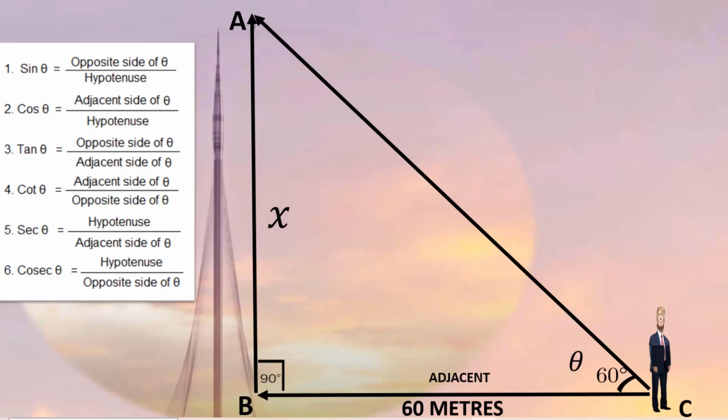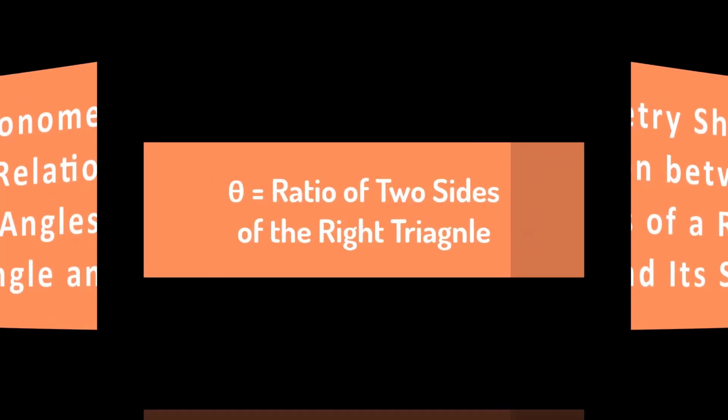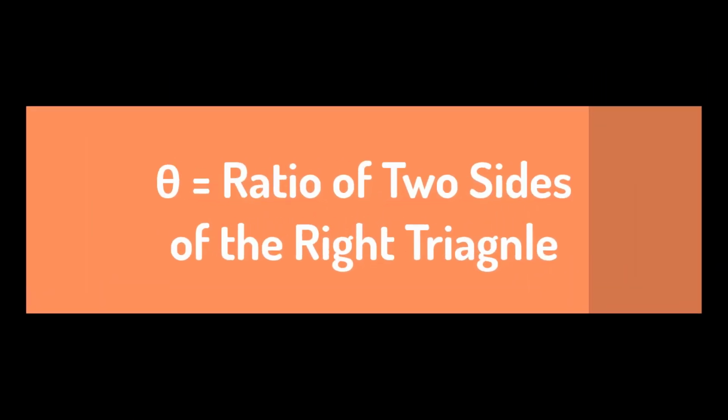At this moment, you need to note an important concept: trigonometry shows the relation between the angles of a right triangle and its sides. As per the trigonometric ratio, an angle of a right triangle, let it be theta, is always equal to the ratio of two of its sides.